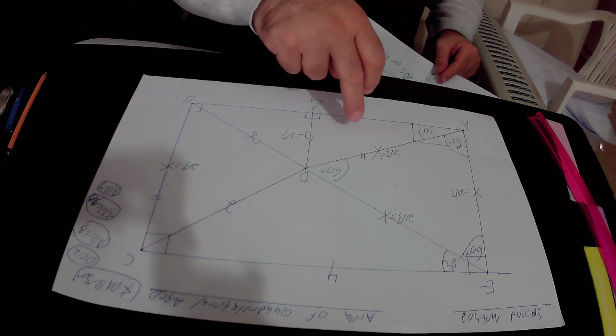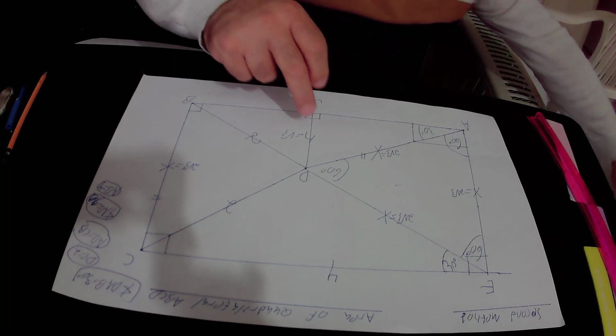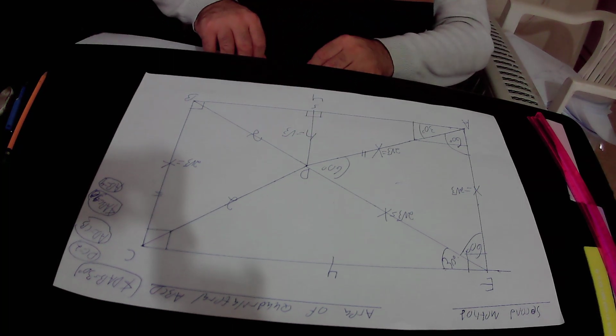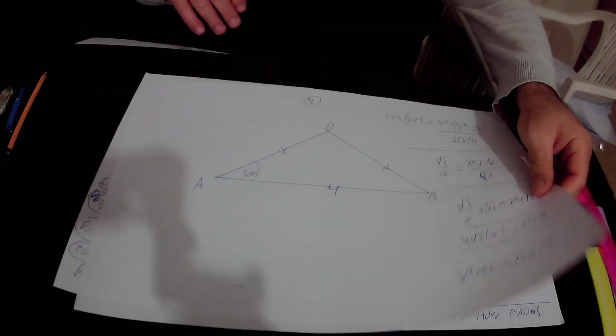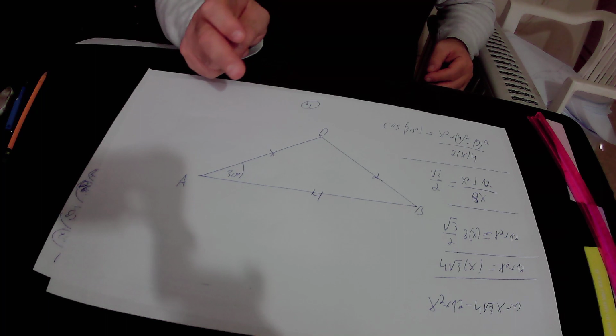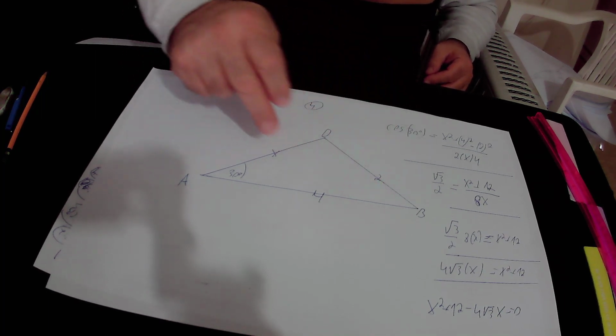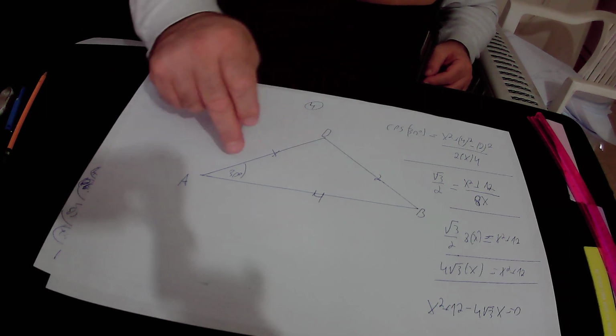So I copied triangle ADB again in a new page. AD equals x, DB equals 2 units, AB equals 4 units, angle DAB equals 30 degrees.